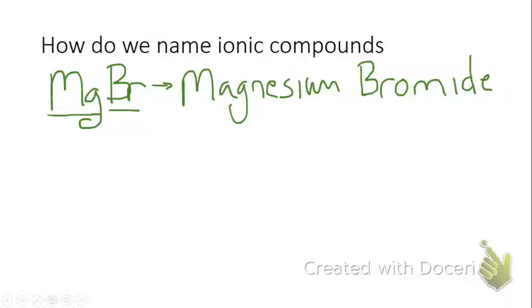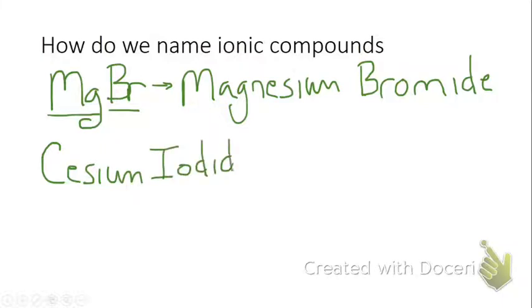Let's look at another one. Cesium iodide. So you will have to be able to either name the compound when you're given the molecular formula. So this is the molecular formula. It tells you how many molecules or what molecules are combined in a compound. You will also have to be able to take the name and write the molecular formula.